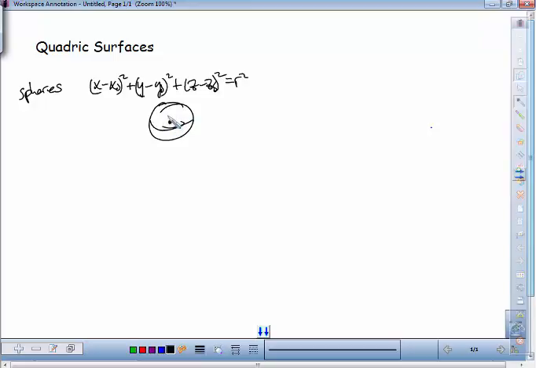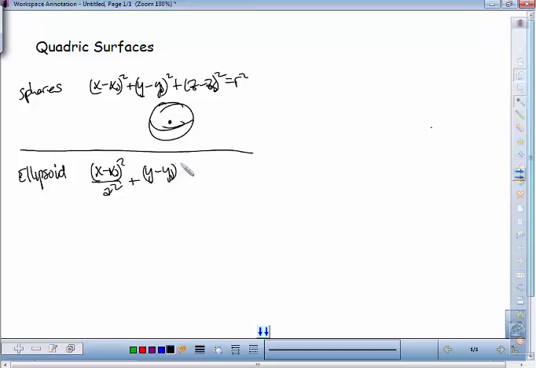We've done ellipsoids: (x - x₀)²/a² + (y - y₀)²/b² + (z - z₀)²/c² = 1.